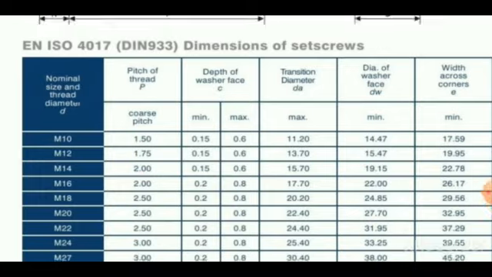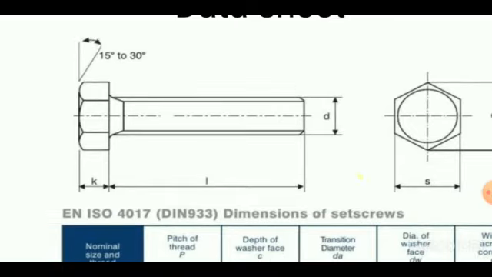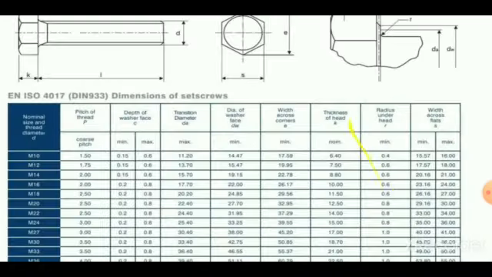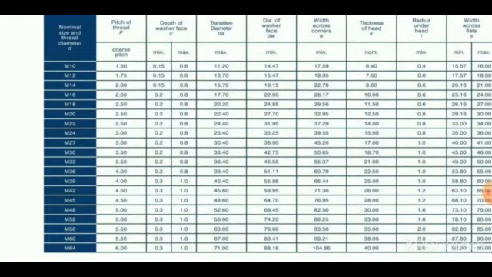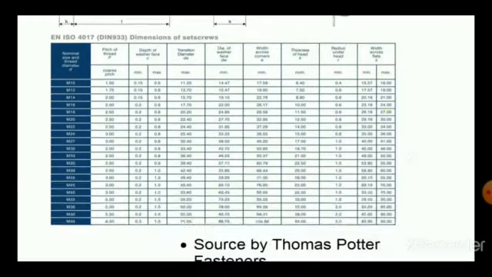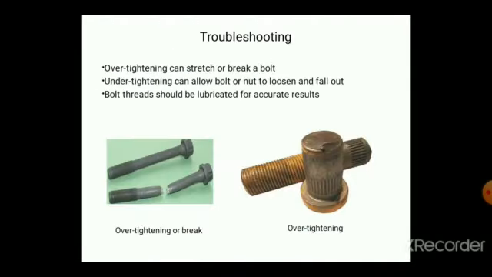They also give pictures, so other dimensions are also provided. With the help of data sheets, you can easily replace a nut and bolt arrangement if the system gets some fault or other problem occurs.